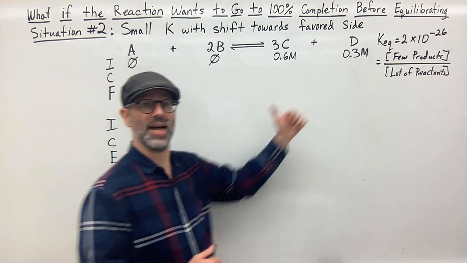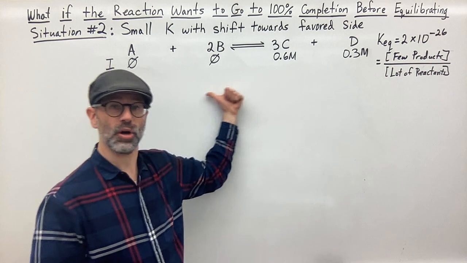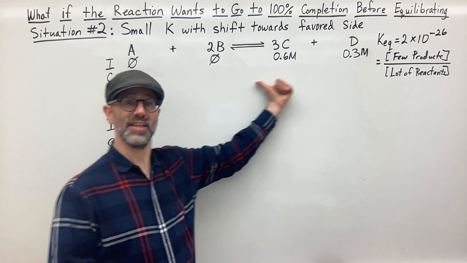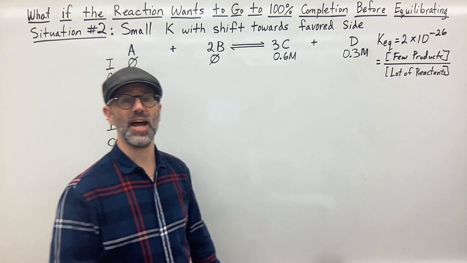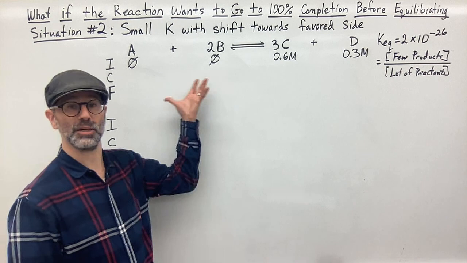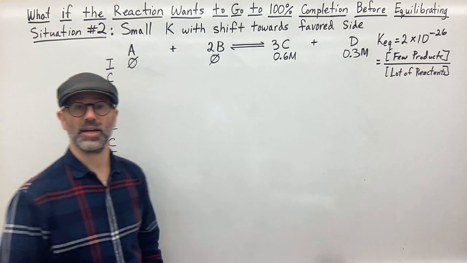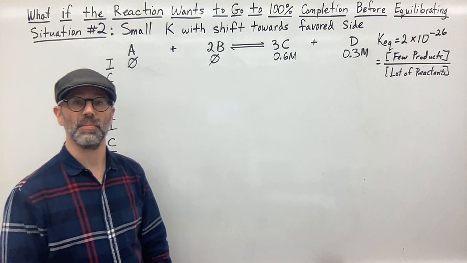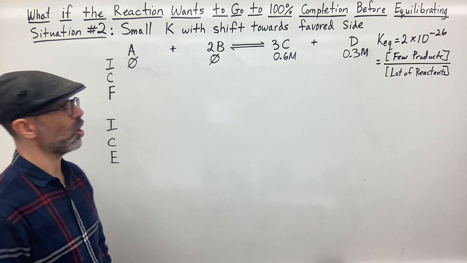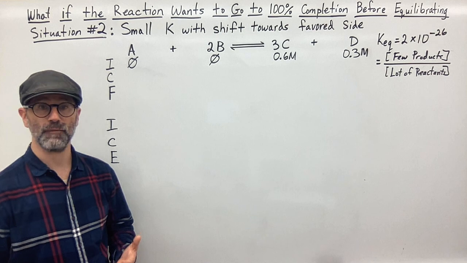So we know that it's going to shift in this direction, towards the very favored side. Because it shifted this way towards the favored side, we cannot assume X is going to be negligible. Actually, X is going to be very large compared to these starting molarities, starting concentrations. So we can't do X is negligible, so you have to do a stoichiometry table first.